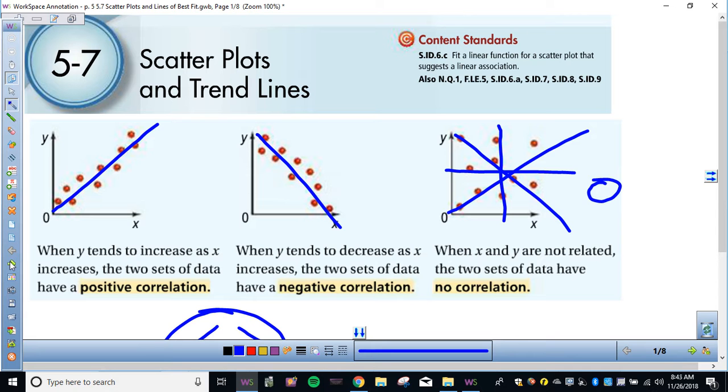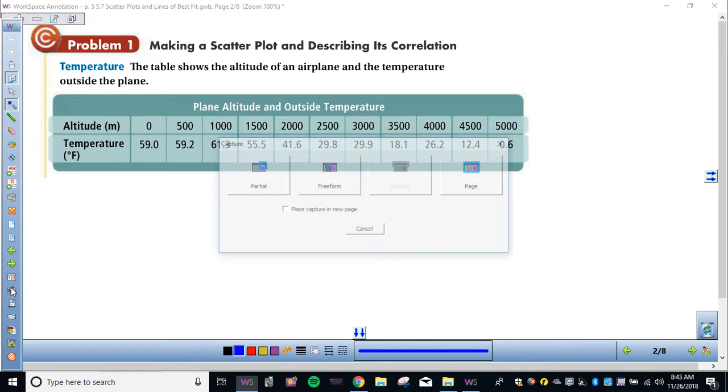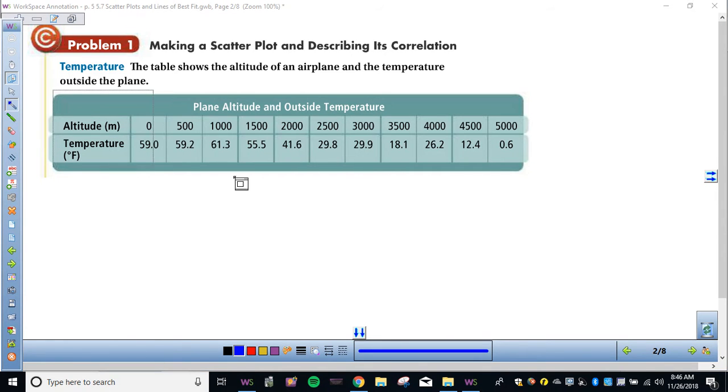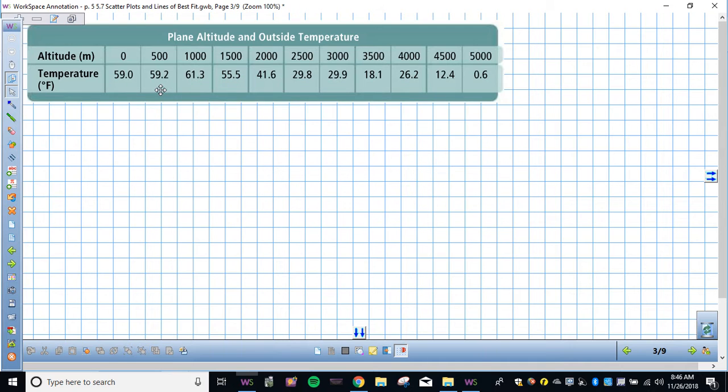Okay. So draw this chart for me, please. One of them's homework, so, 7 pages. Write that chart down. Okay, write altitude and temperature.